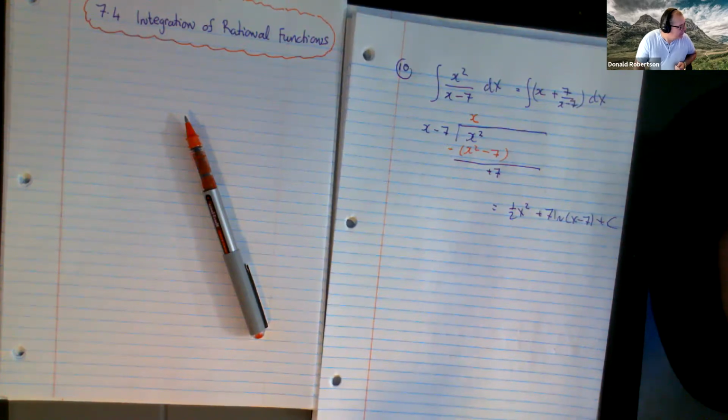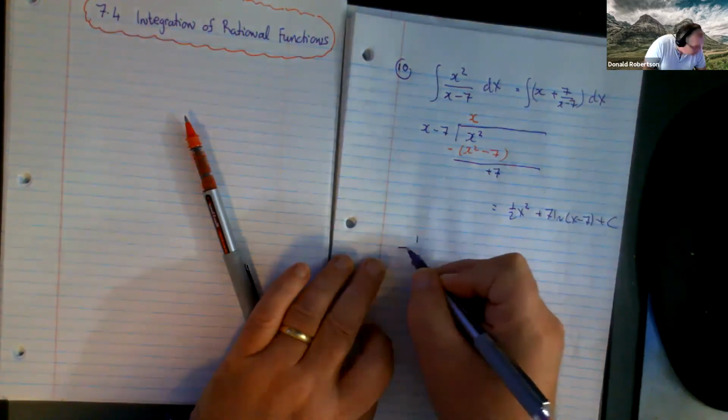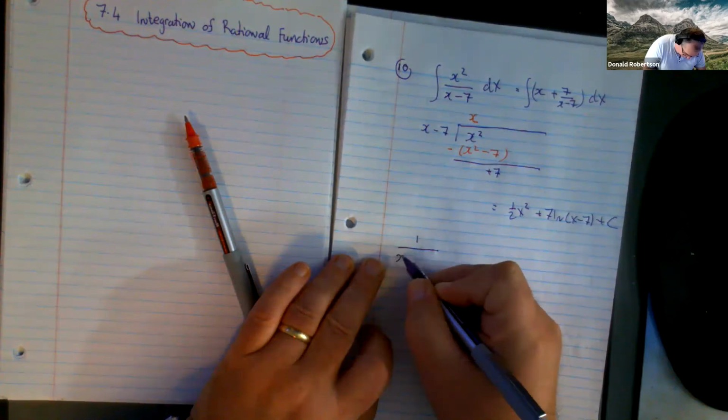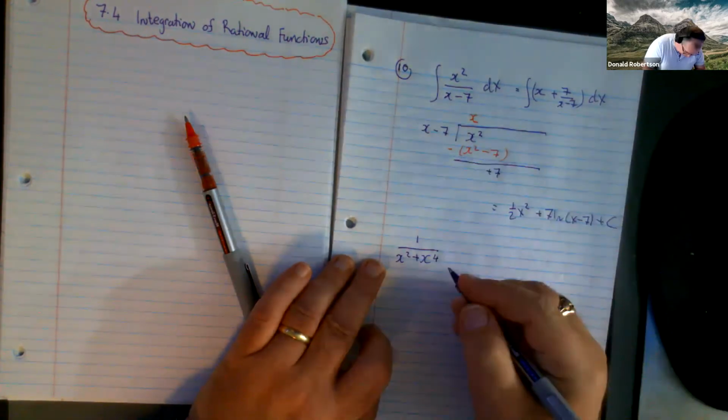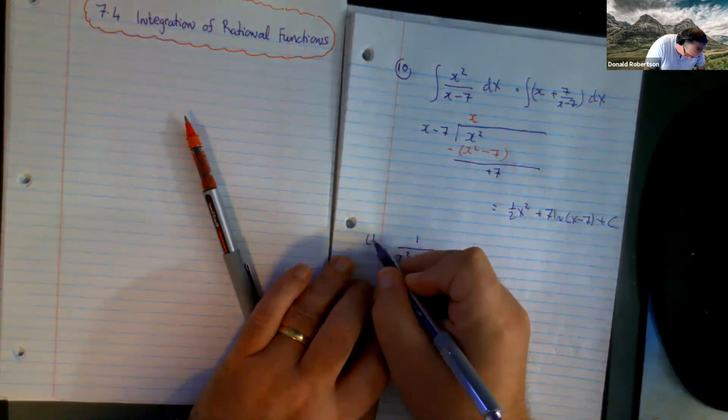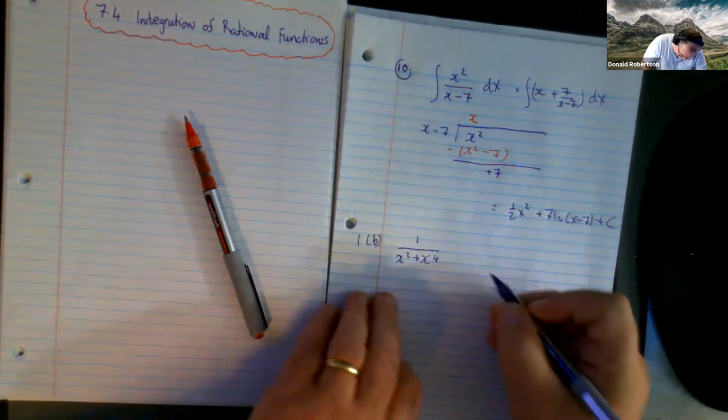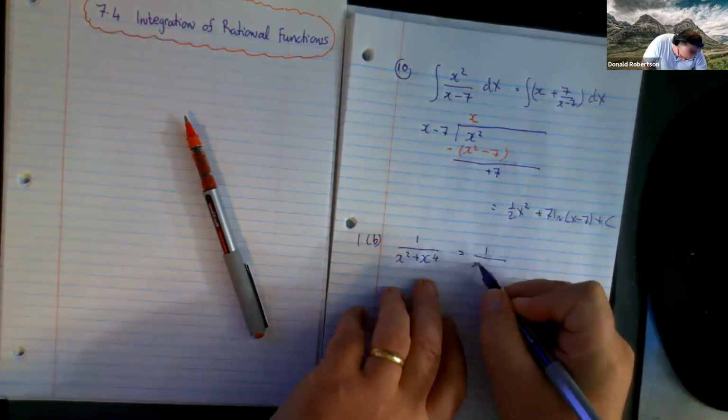Some of you may have missed the start of today because someone asked a question about the homework, so I'm just going to repeat that question a second time. The question was, how do you set up this guy? It's question 1b. Of course, you would factor it first.